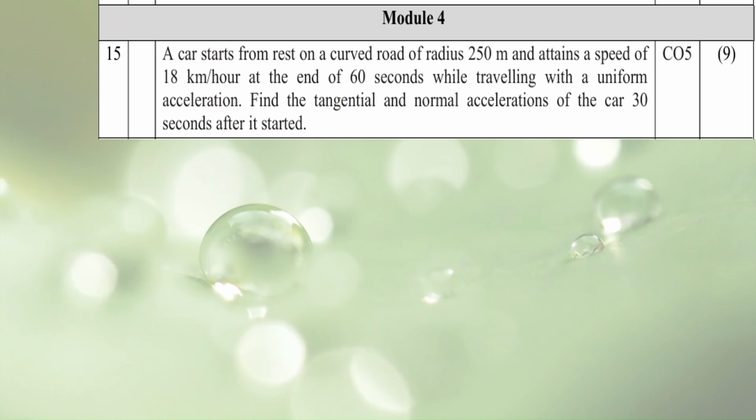Next, we need to find out the speed at 30 seconds. At 30 seconds, I am taking it as velocity at 30. What is velocity at 30 seconds? V is equal to u plus acceleration into time. What is u? Initial velocity, that is 0.